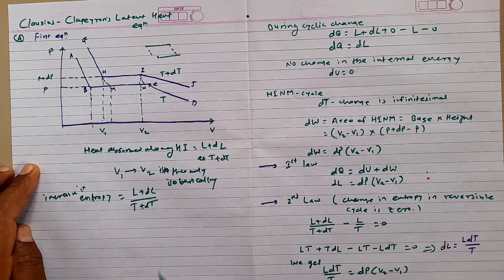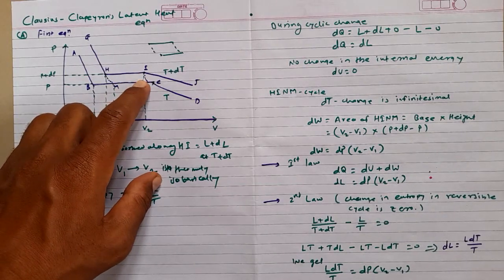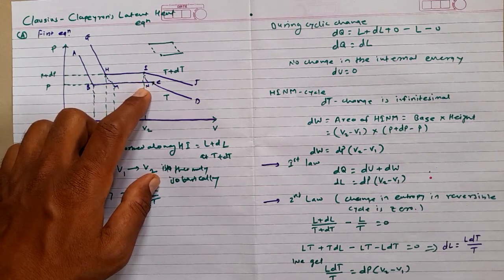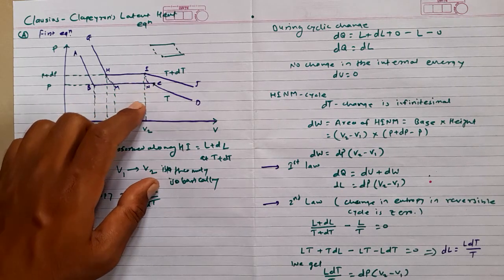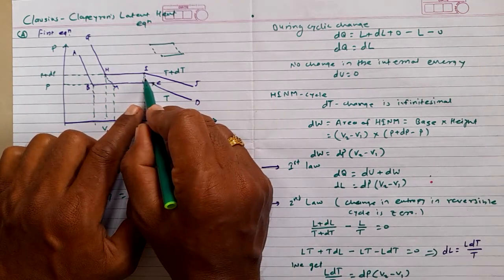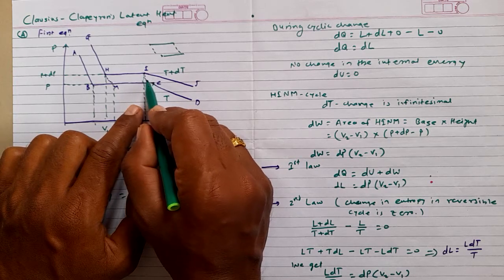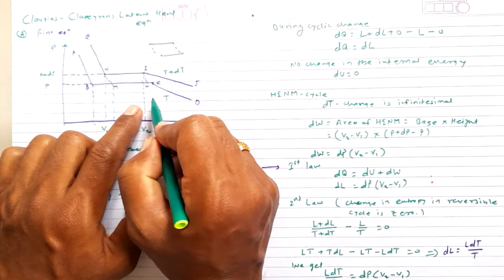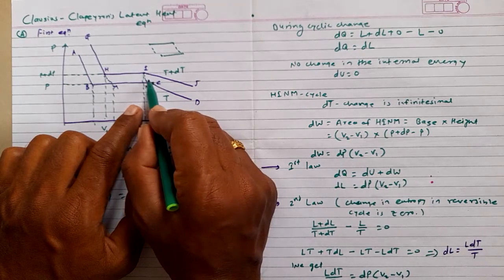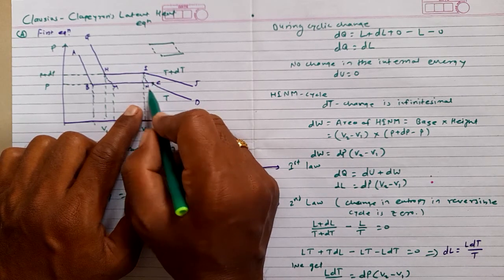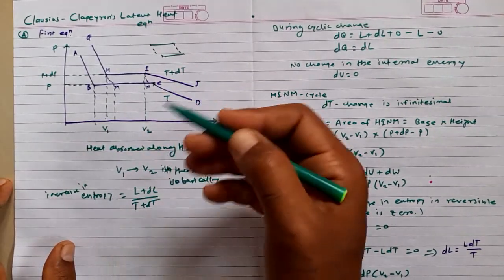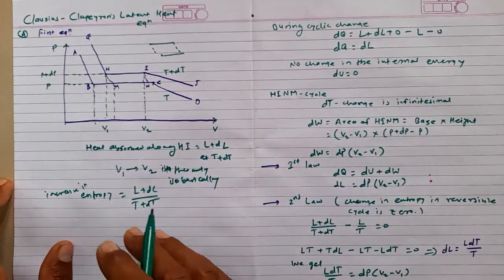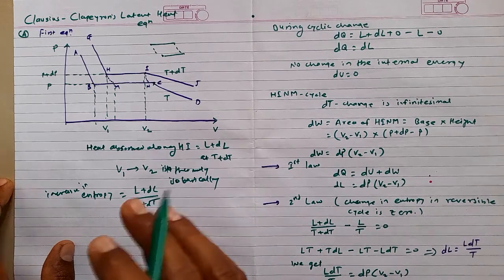Okay, so again along the curve IN, the substance expands adiabatically. So this is an adiabatic process, and its temperature is decreased from T plus dt to T, and the pressure is decreased from P plus dP to P. So there is no change in the entropy, because during the adiabatic process there is no exchange of heat, so there is no increase or decrease in the entropy.